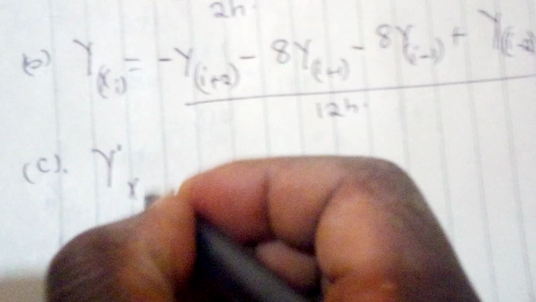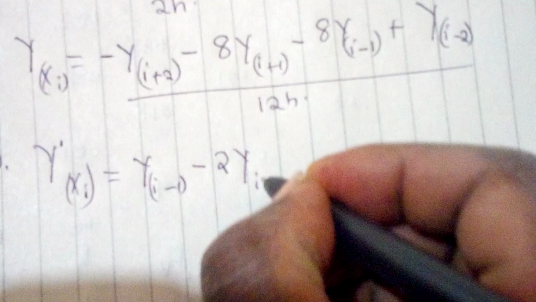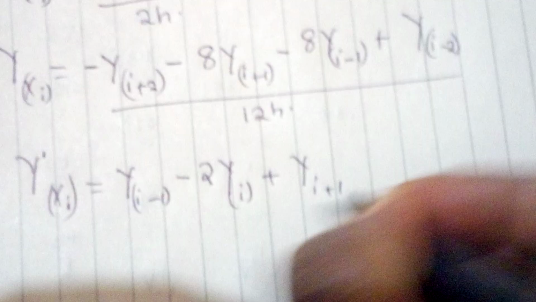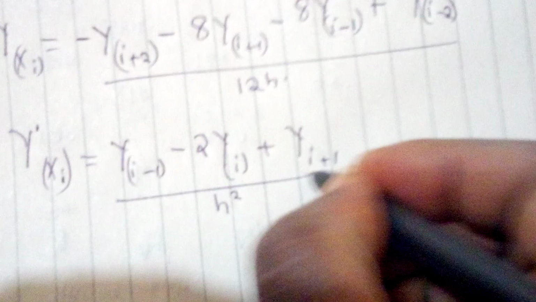Then we have C, which is y double prime xi is equals to y i minus 1 minus 2 y i plus y i plus 1 divided by h squared.